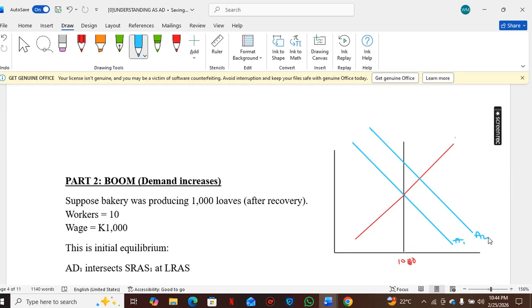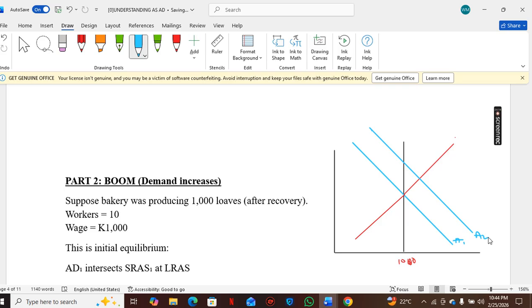So, colleagues, in the short run, wages are fixed, and you have seen demand has increased as a baker. What are you going to do? You supply more.